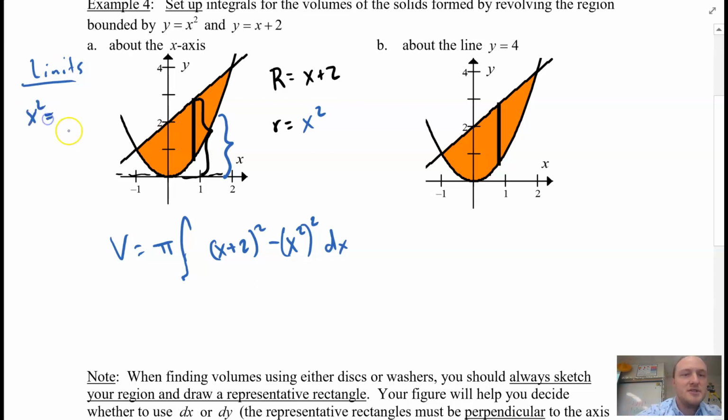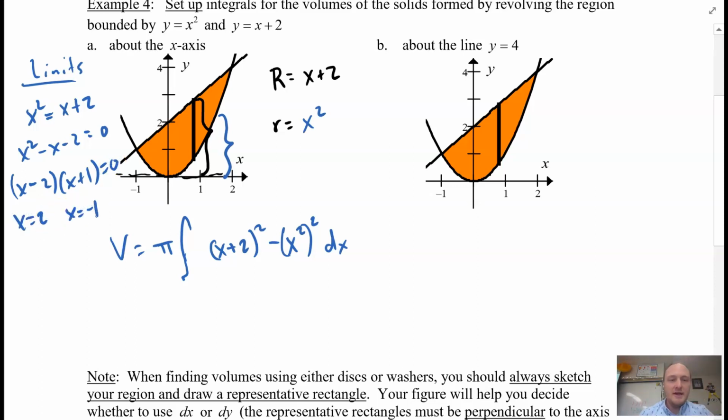So x squared is equal to x plus 2 gives us x squared minus x minus 2 is 0. x minus 2, x plus 1 gives us x is equal to 2, x is equal to negative 1. So there are our limits, negative 1 to 2. And you can kind of tell.